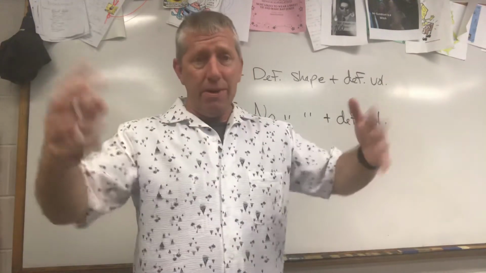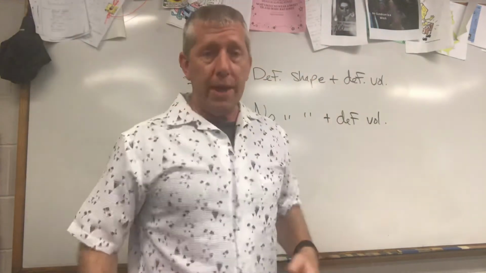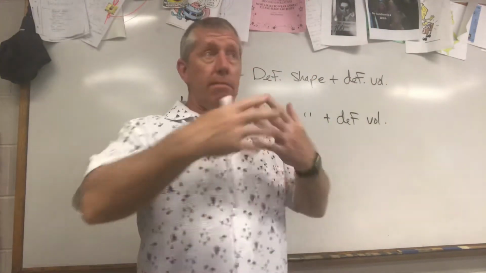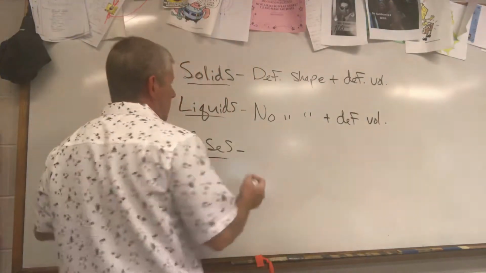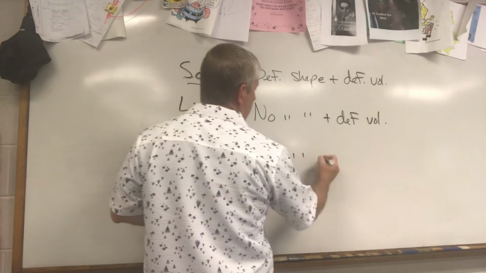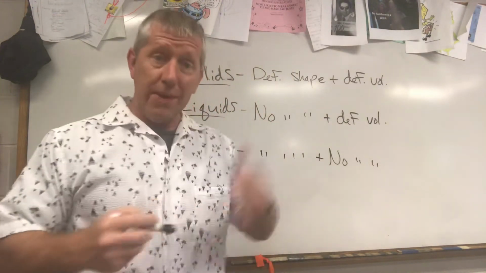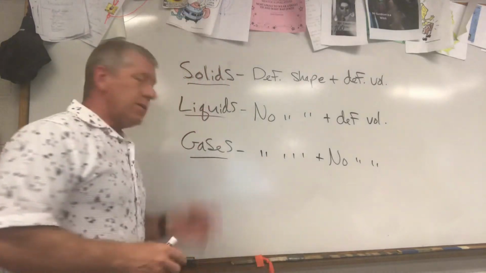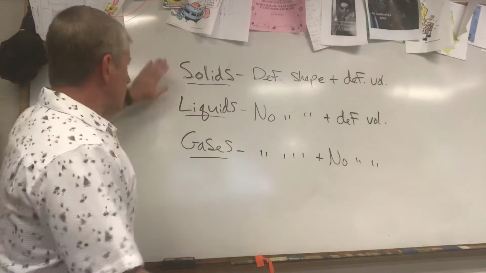It's lighter than air, so it disperses to the top, and would lay across the ceiling. It would be ceiling shape with a much larger volume. So there's no definite shape and no definite volume. Ditto marks, of course, being the same as above. So that's a quick review of what they are, characteristics of them.